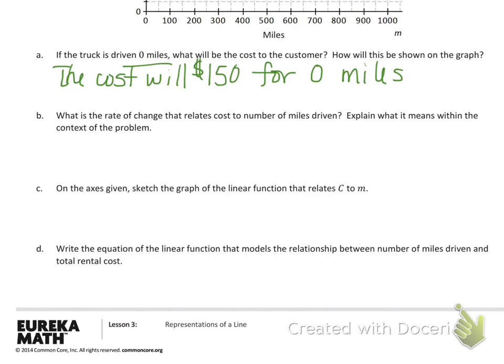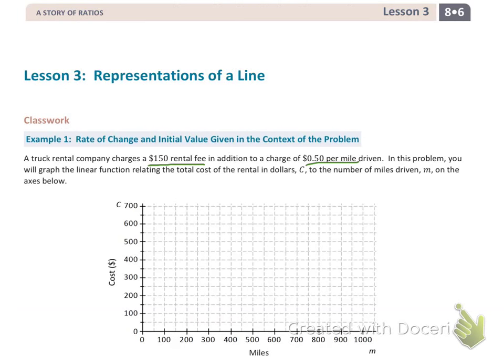Okay, and how will this be shown on the graph? Well, it will be the point where the first coordinate, which is the horizontal or the M variable, is 0, and the cost variable will be shown on the vertical axis at $150. So let's go back and look at our graph, and we'll go ahead and plot that point now. So how will that be shown on the graph?